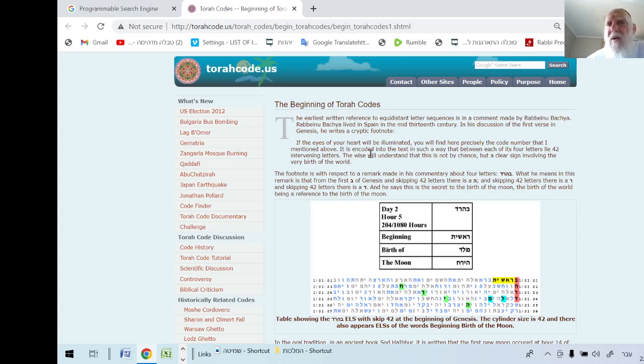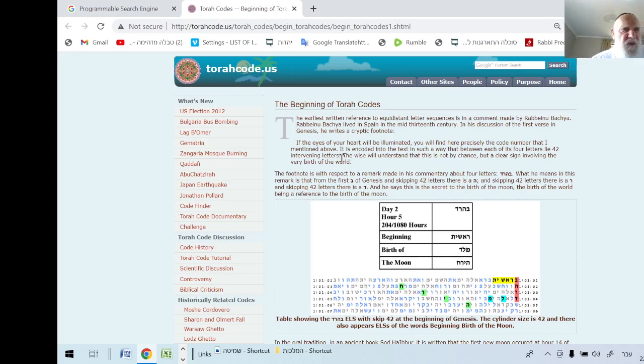It is encoded into the text in such a way that between each of its four letters lie 42 intervening letters. By the way, 42, people know, is the name of God, Ana B'choach. We say it, some say every day, some say Friday night, davening. And 42 is the name of God with which the world was created.